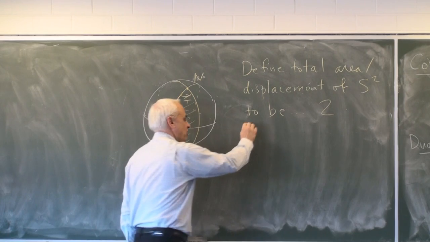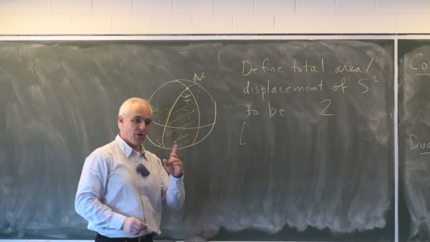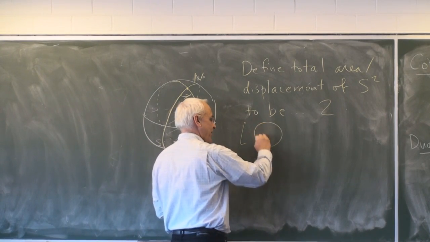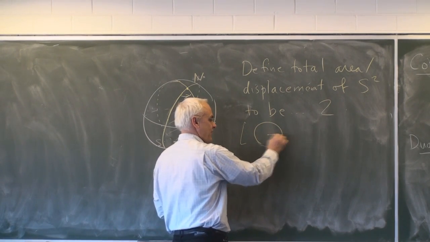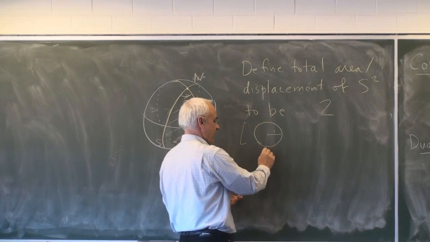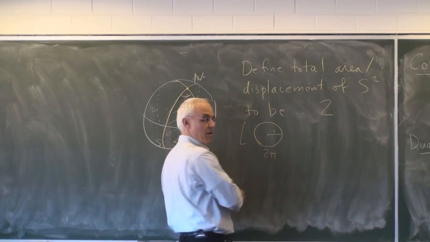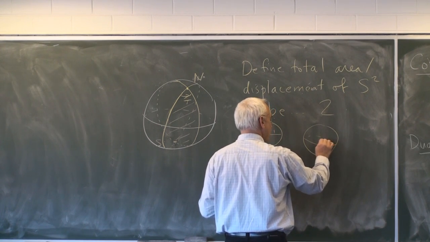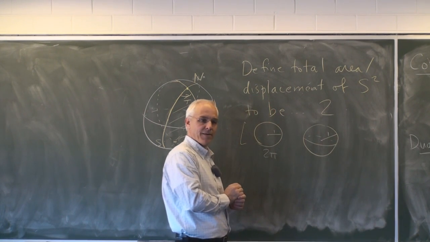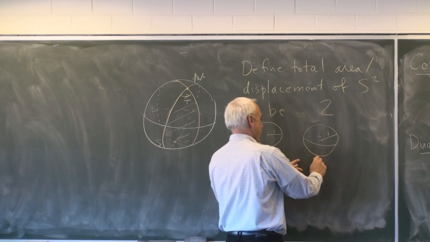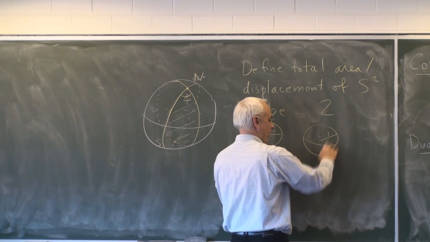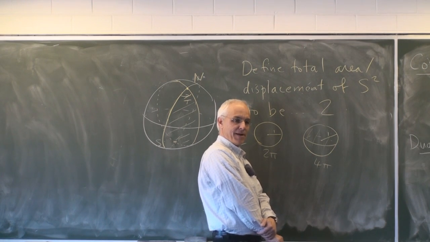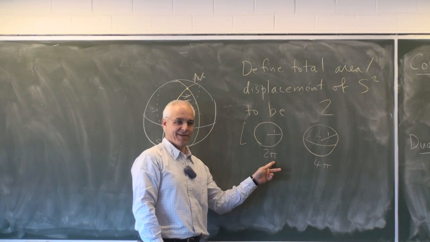As a quick justification, if you think back momentarily to your understanding of pi's and 2 pi's, you all know that if you have a unit circle, its length is 2 pi, right? And if you have a sphere, also of radius 1, then its area is 4 pi, which is twice 2 pi.